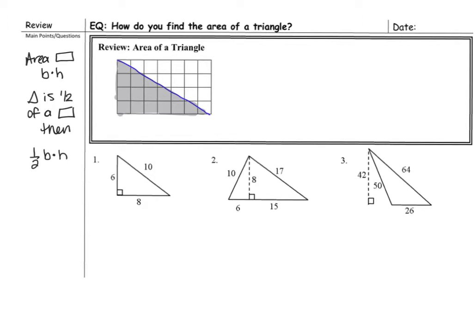Okay, so the area of a triangle is 1/2 the base times the height, or what I like to do is just do base times height divided by 2.